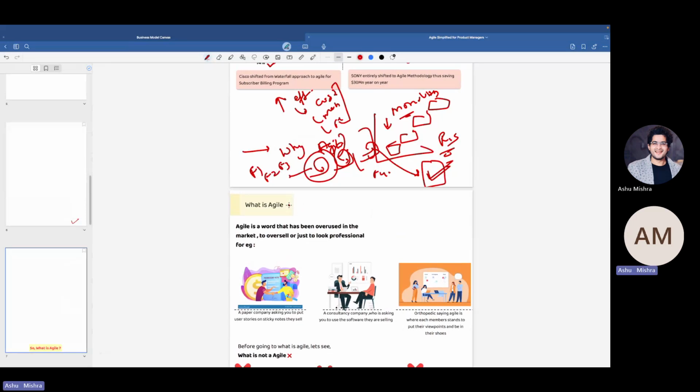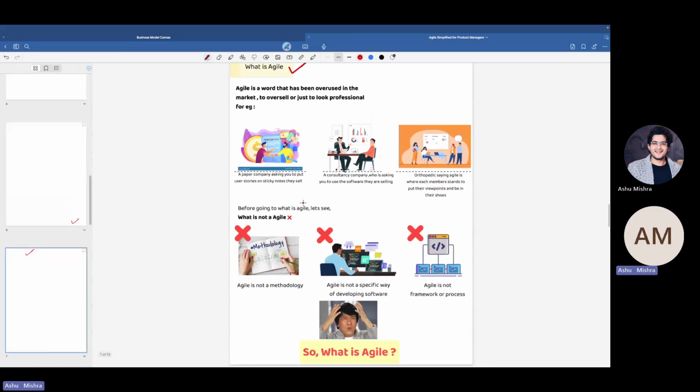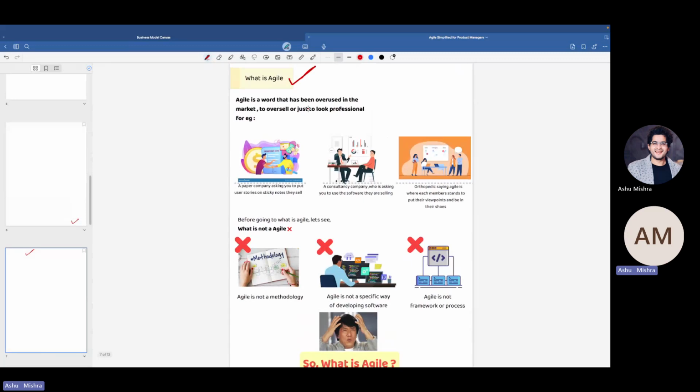Now coming to what is agile, guys, right? So agile as a word has been overused in the market just to oversell and look professional. So we will be looking at three examples where agile is sold. However, the principle of agile will not remain the same, right?